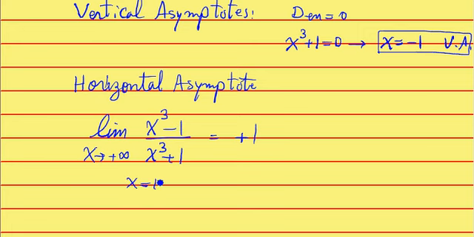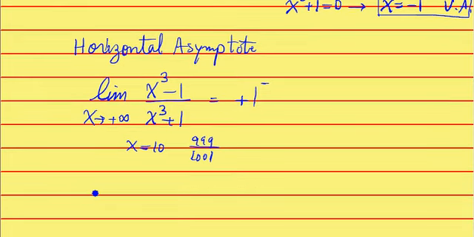If x is 10, your fraction becomes 999 over 1001. It's just shy of 1. So I put a little minus here to remind myself that as I go to infinity, I am coming to 1 from below.